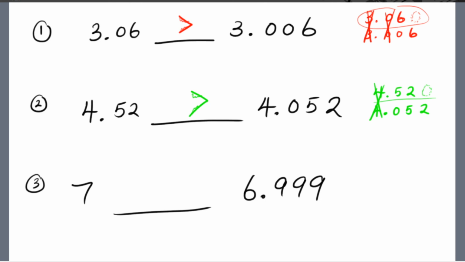And then we get to our last one, which is going to be 7 compared to 6 and 999 thousandths. What I do notice here is that 7 is a whole number, so it doesn't have a decimal. But I know with every whole number, if I wanted a decimal point, it's all the way to the right of that number. So in this case, it's right there. And then I can line it up with the decimal of 6.999.